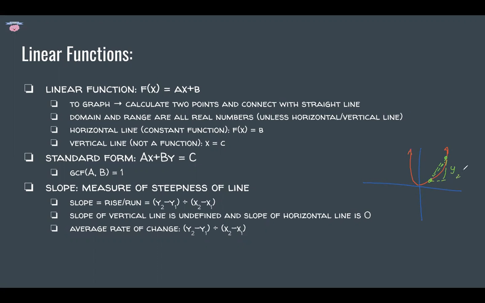This is y2 minus y1, and this is x2 minus x1. And this would be the average rate of change, AROC, actually, for those of you who want to continue in calculus, AROC, the average rate of change of this function. Over a certain interval, of course, because it's not the same throughout the entire function.